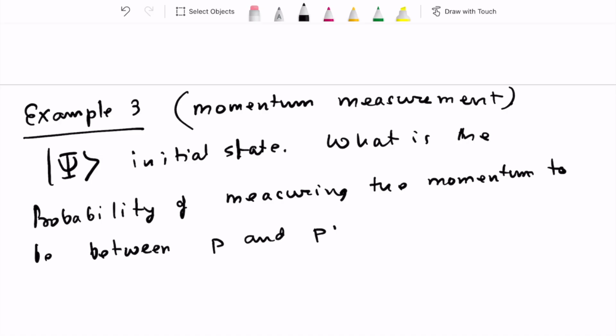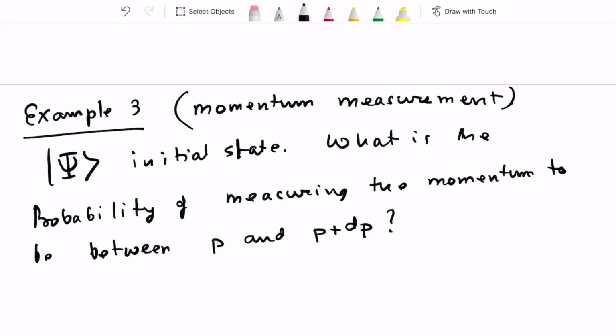And once again, momentum is a continuous variable, so it does not make sense to ask what is the probability of measuring the momentum to have this particular value, because you will not be able to measure the momentum to infinite precision. So you can only talk about a range. So what's the probability of measuring the momentum in the range p and p plus dp?